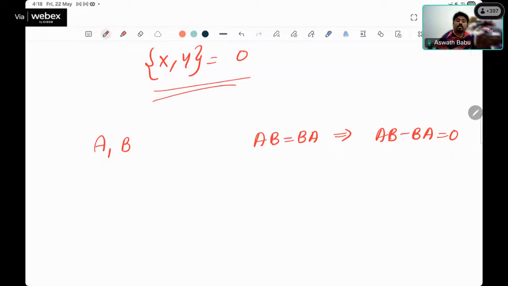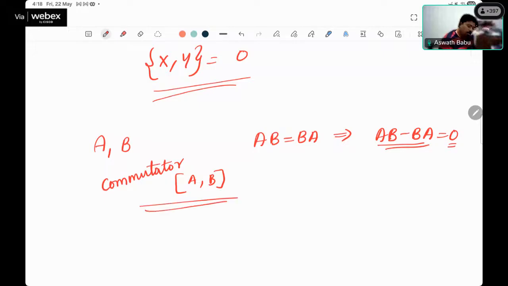If two matrices are said to commute, their commutator is 0. What is a commutator? Commutator is written as A comma B. Commutator will tell me whether the matrices commute with each other or not.